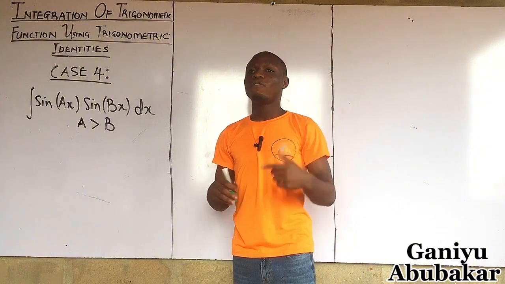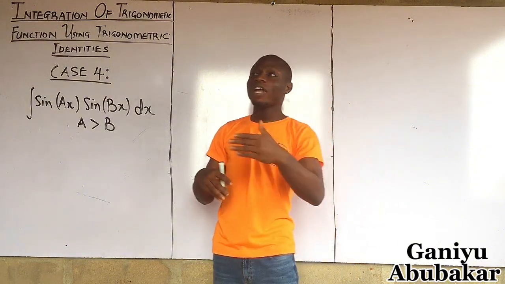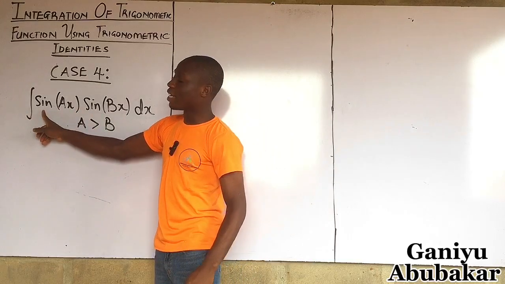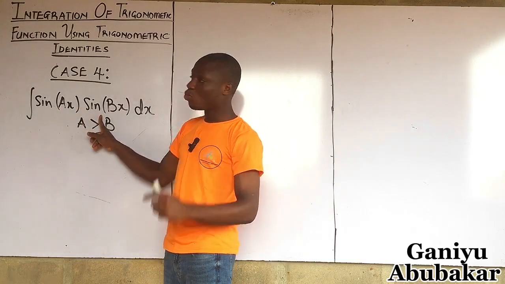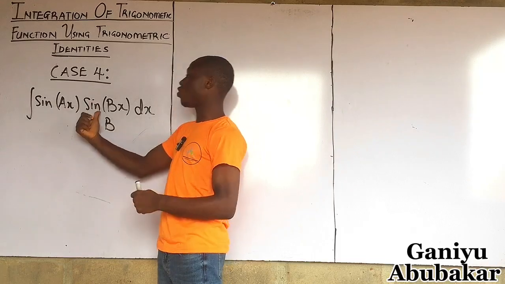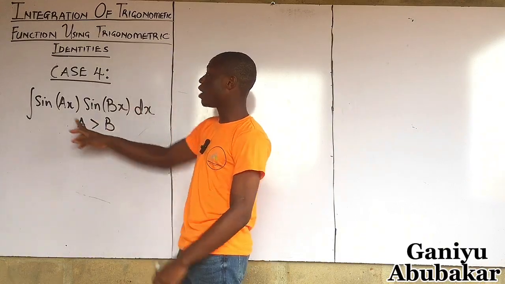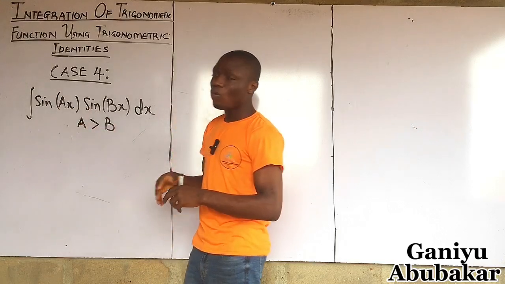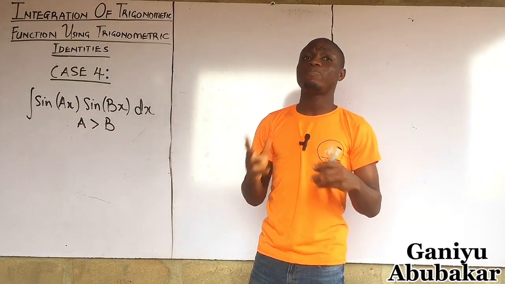If you recall from our last class, case 1 was sine and cos, case 2 was cos and sine, case 3 was cos and cos, and case 4 is now sine and sine. So for sine and sine, what is the mathematical expression?